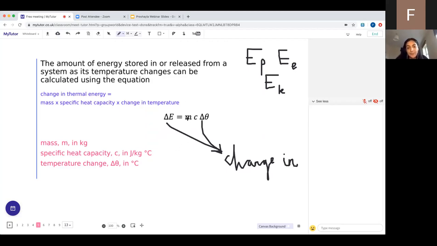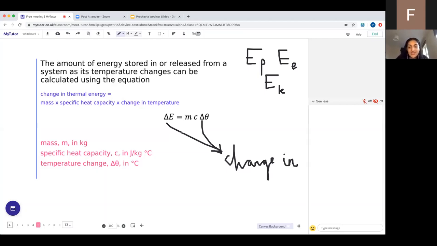You will be given this equation in the exam for the AQA exam board, so don't worry too much, but you still do need to know what each element means. So we have change in thermal energy. Then we move on to M, which is just mass, and mass is always measured in kilograms, as we know. Then we have C. So C is where it gets a little bit more complicated.